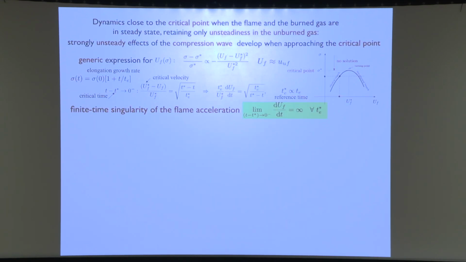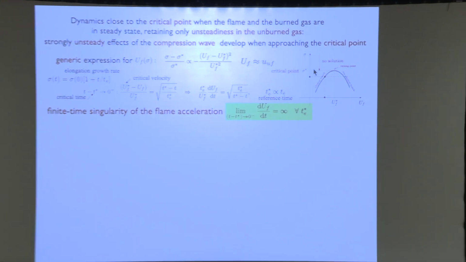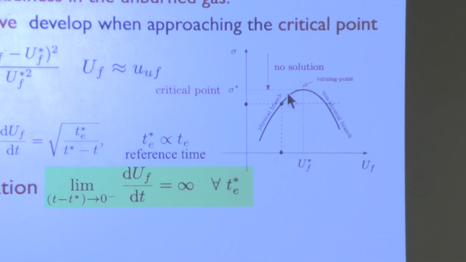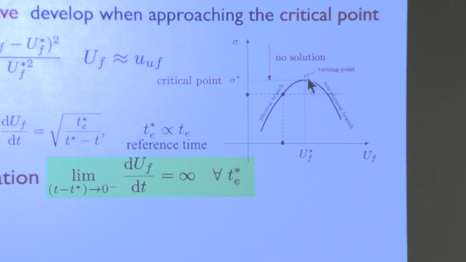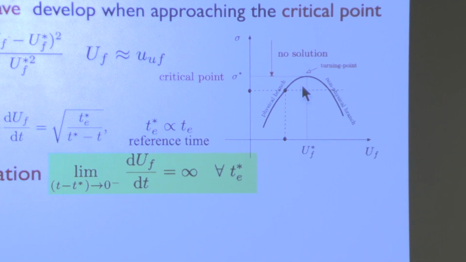As I recall briefly what I said last time, it is easy to show that near this point, when the backflow is going to reach this critical value, the flame velocity approaches this critical velocity.